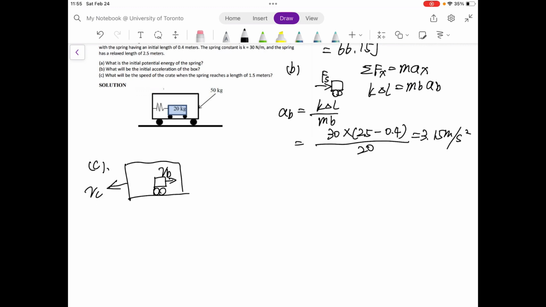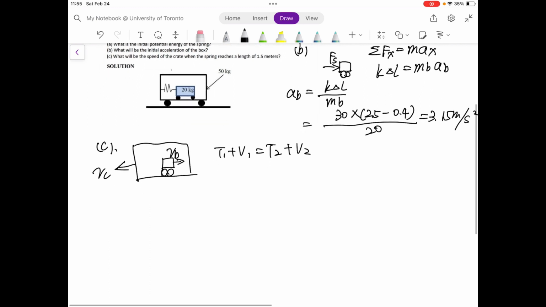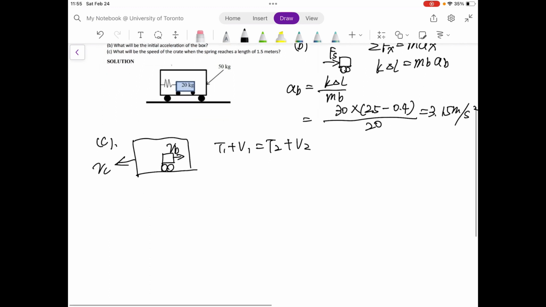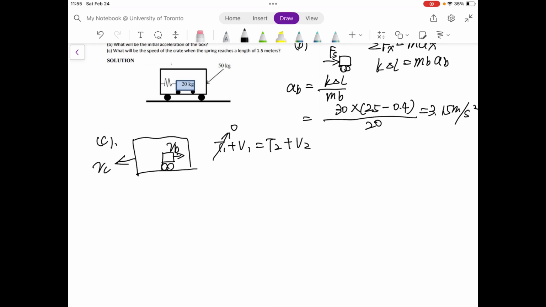The energy is conserved during this problem, so T1 plus V1 is equal to T2 plus V2. T1 is equal to 0, V1 is equal to 1 over 2 k delta L squared, and T2 is equal to 1 over 2 mB vB squared plus 1 over 2 mC vC squared plus 1 over 2 k delta L squared. We call this 2.